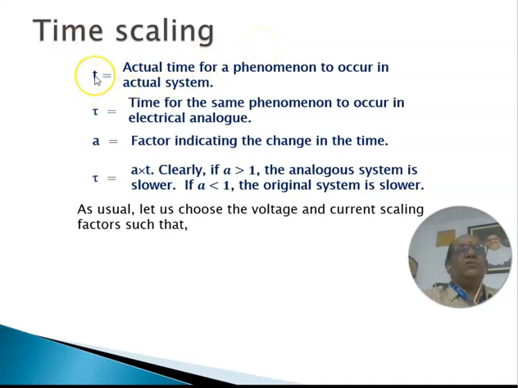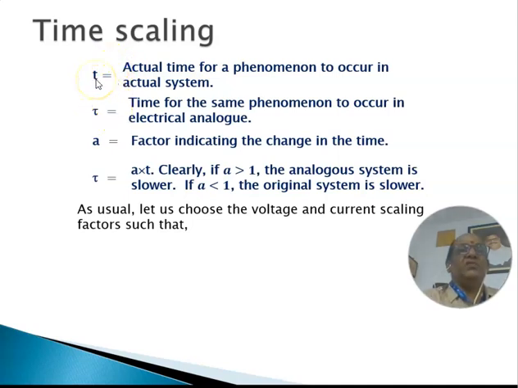To do that, we will use the symbol t to indicate the time it takes for a phenomenon to occur in the mechanical system, which is the actual system for which we are building an electrical analog, and in the electrical system, let tau be the time taken for the corresponding analogous phenomenon to occur. With these two things, we can clearly see the relationship.